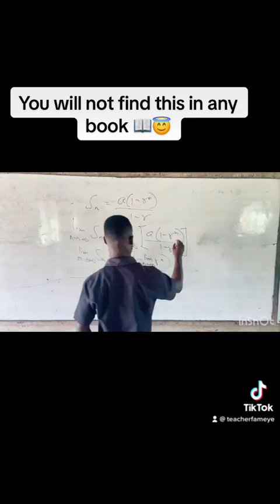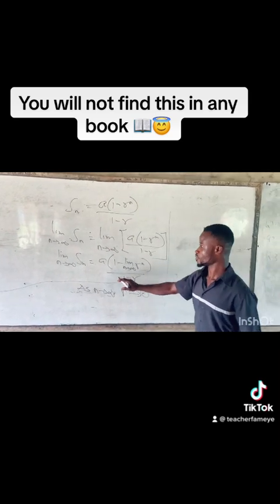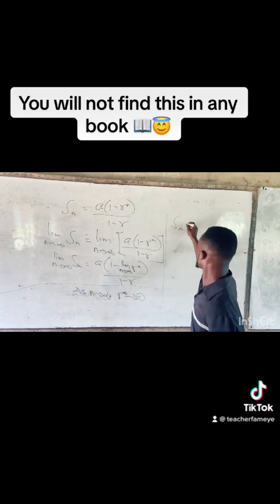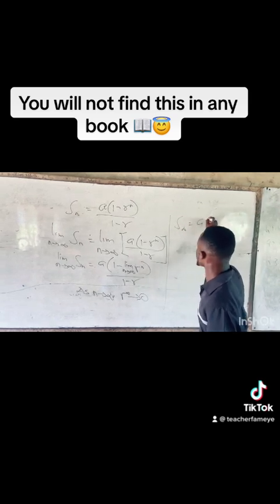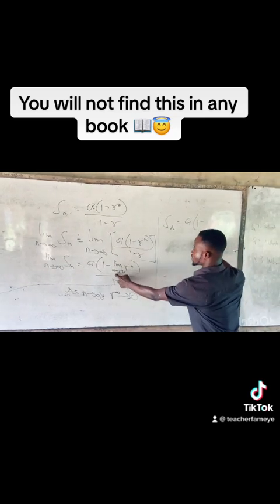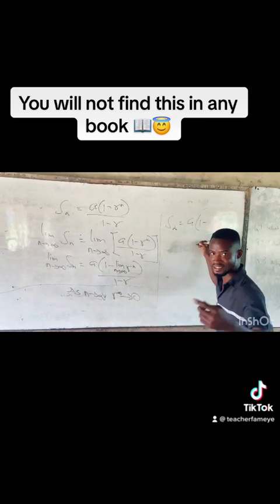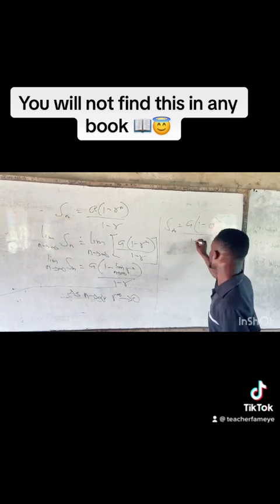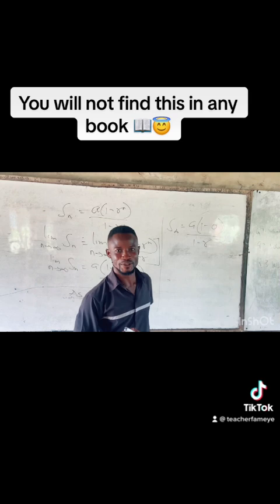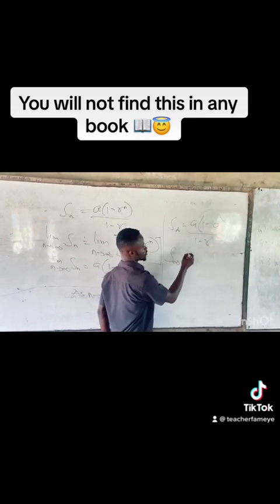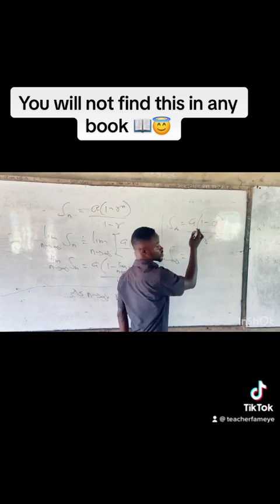So by substitution, you're going to get S infinity equal to a(1 minus, the whole of this is going to be approaching 0, so we take it as 0), over 1 minus r. Beautiful.